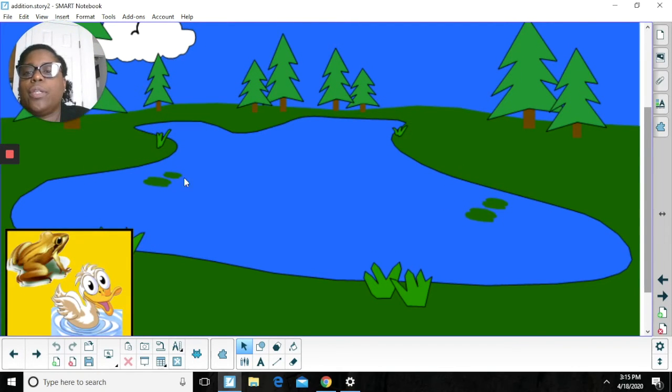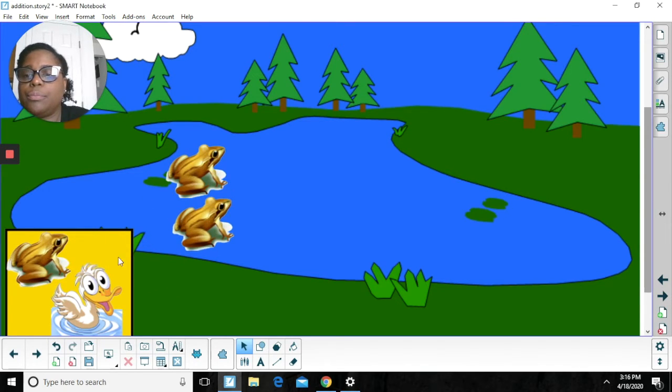So what you see here is a pond. We have a frog here and we have a duck here. And if you remember, when we add means to put a group of items together, okay? So we're going to put 2 frogs in the pond.